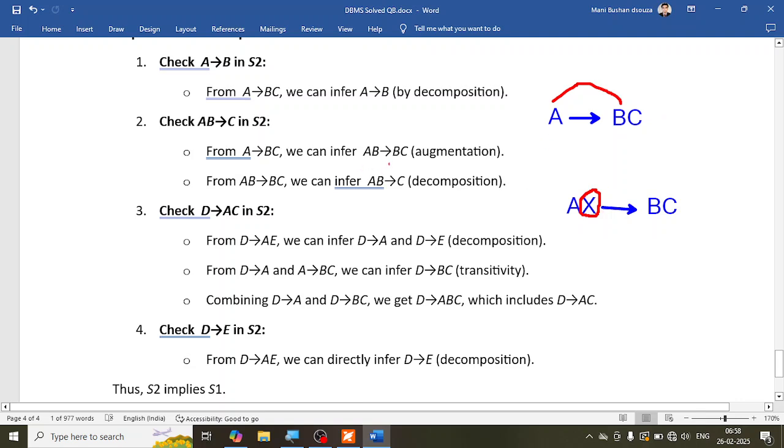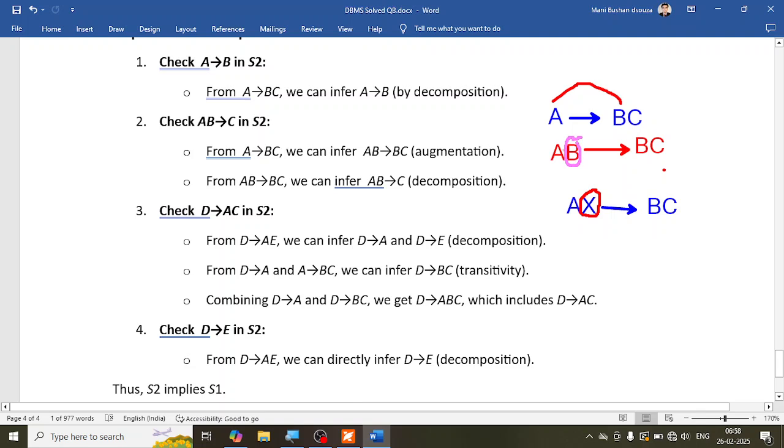Now I'm not going to put any X here. What I'm going to do is play a trick here. Instead of X, I'm going to say B. So I'm going to say AB derives BC. Remember, you may say that how is it possible. Remember, A alone can derive B and C. So whatever I put here, this thing is not really required.